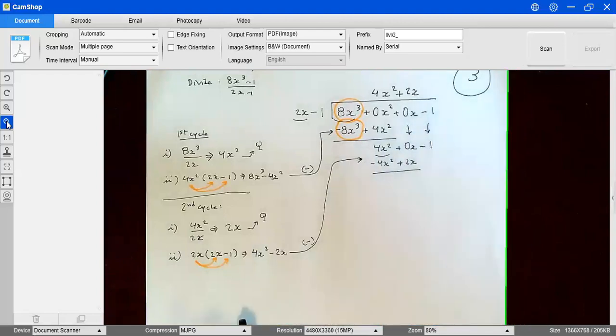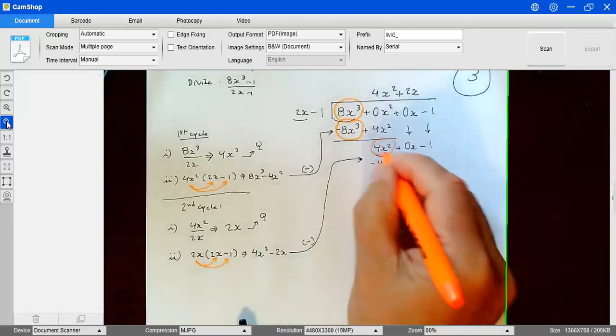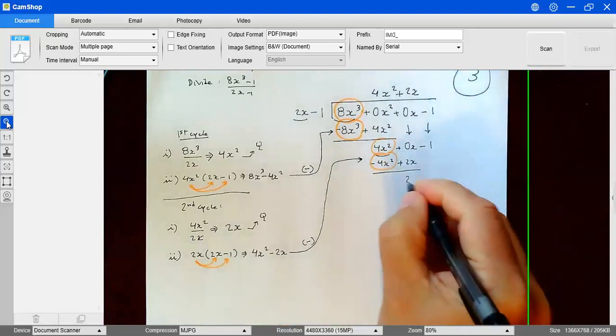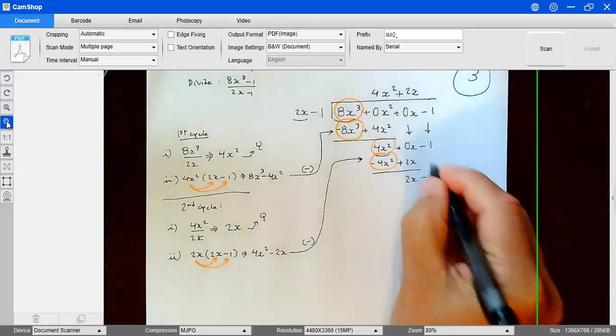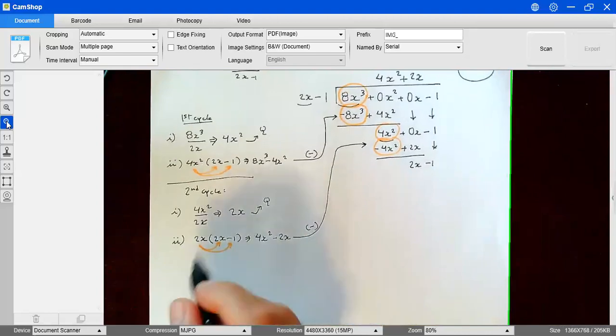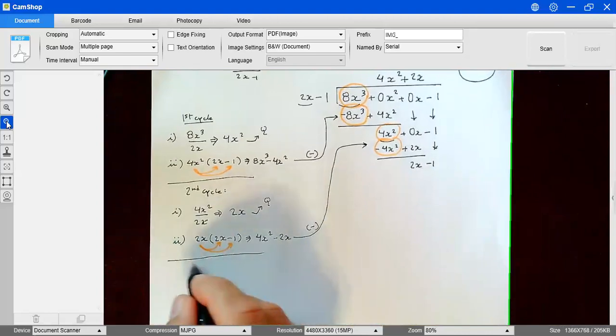So now we combine like terms. So we're going to cancel these 2. I'm going to end up with 2x minus 1. So this new dividend is going to be divided by the divisor in my third cycle.